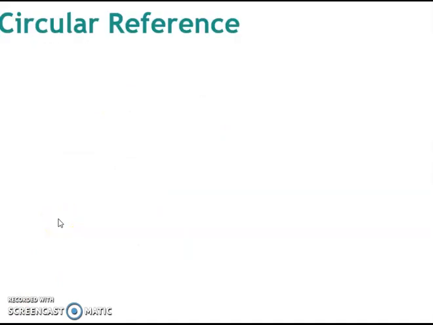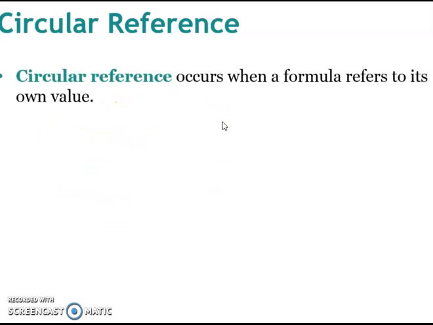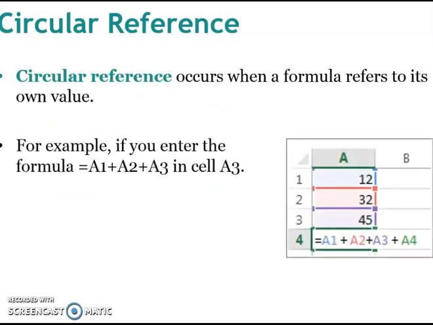Now we will talk about the circular reference. Circular means where we started is where we end. The same starting and ending point. It means those values repeat again and again, in the same column A, whatever the row numbers are.